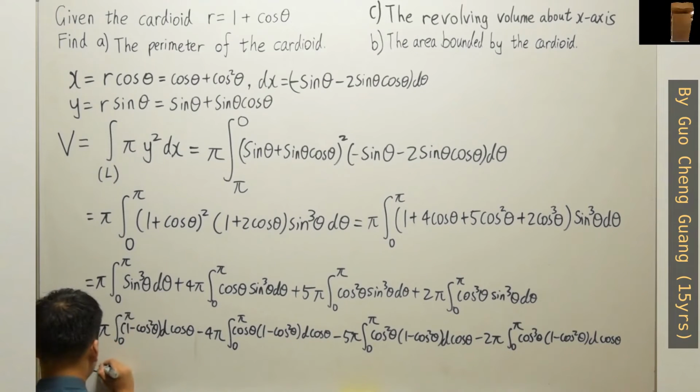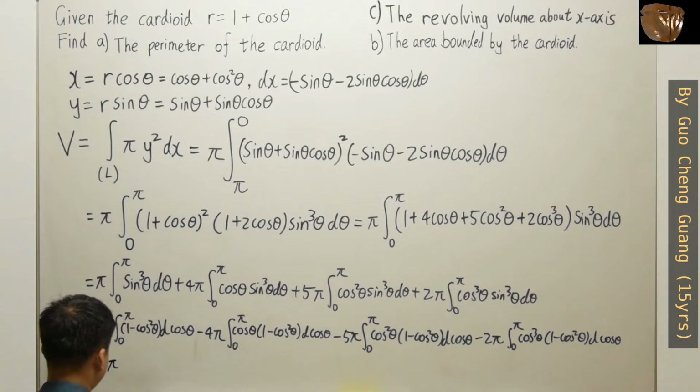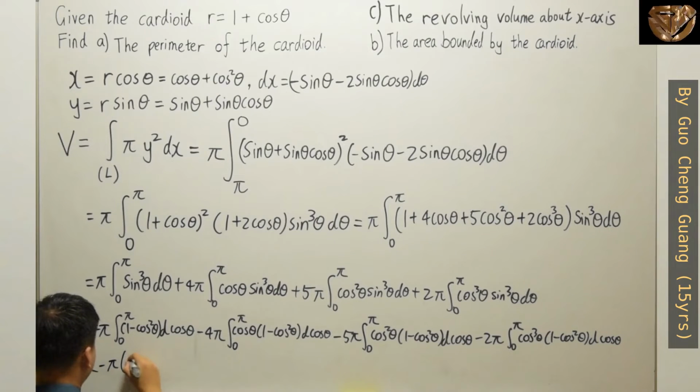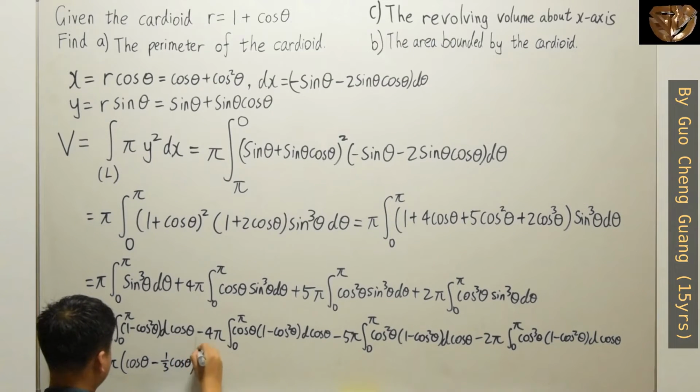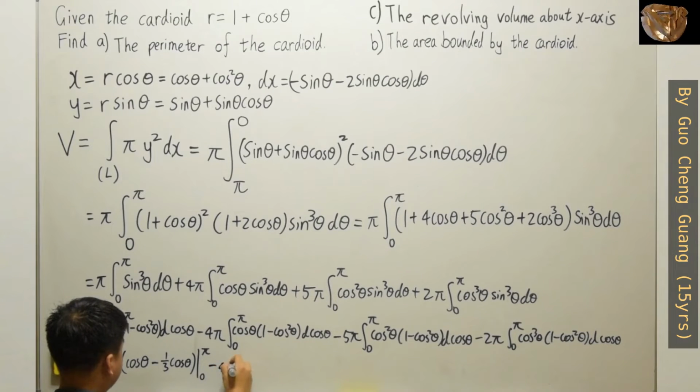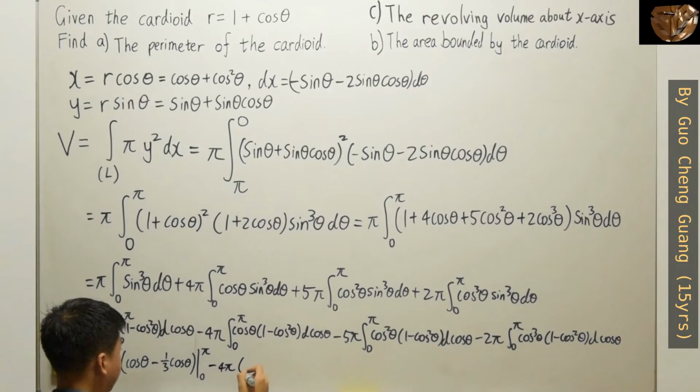Right. So, to solve these, the first term here is obviously cosine. So you can choose to just write everything out again. So cosine theta, and then for the part behind, you're going to have minus 1 over 3 cosine cube theta, and then you have 0 to pi, to sub in 0 and pi. Now for the second term, minus 4 pi, and here you will have, oops, there's a cube here.